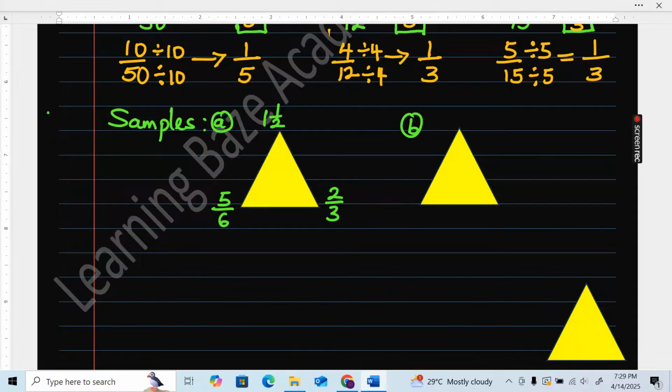Then for sample B, I have one whole number, 1/5 above, and on the left side I have 3/5. On the right side, I have 3/5. So these are the two samples that we want to figure out. We need to look at them very well and think about how the answers were gotten.